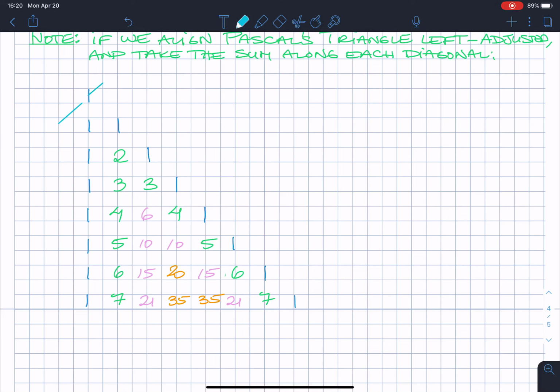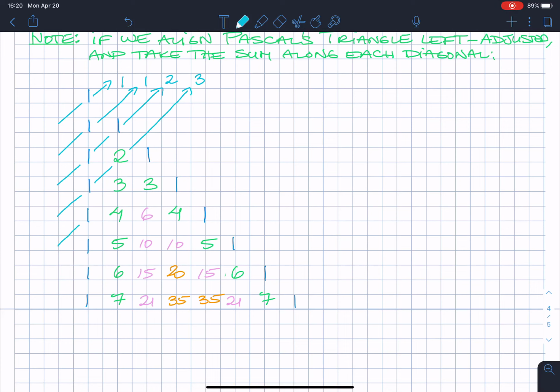So this has just one entry, so the sum is just 1. This has just one entry, so the sum is just 1. This diagonal, however, has 2 entries, and 1 plus 1 is 2. This diagonal has 2 entries, 1 plus 2 is 3.